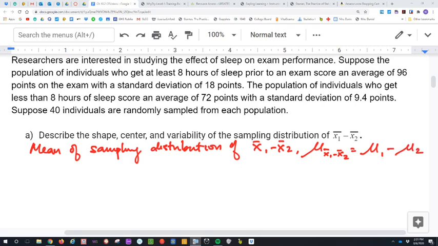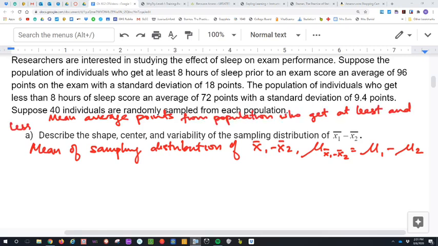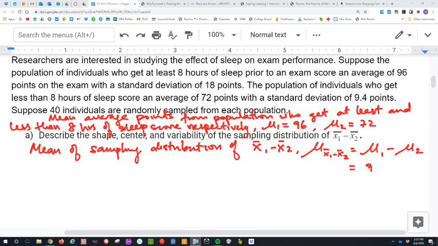At this point, we did not define what mu1 and mu2 are, so it will be good to define them. They are the mean average points from the populations who get at least 8 hours and less than 8 hours of sleep, respectively. So mu1 is 96, the group that gets at least 8 hours, and mu2 is 72, the group that gets less than 8 hours of sleep. So mu1 minus mu2 is 96 minus 72, and you have 24. The mean of the sampling distribution of the difference of the sample means is 24.